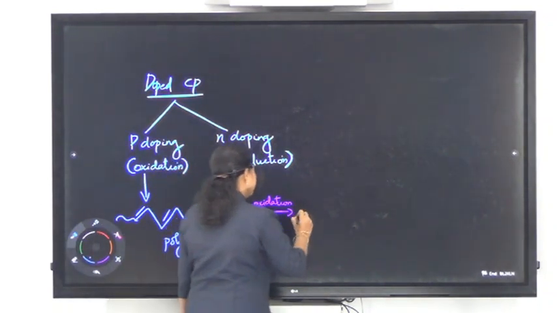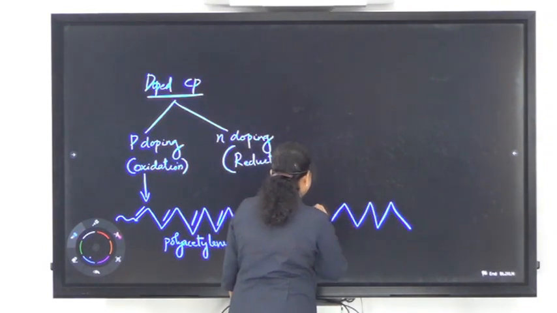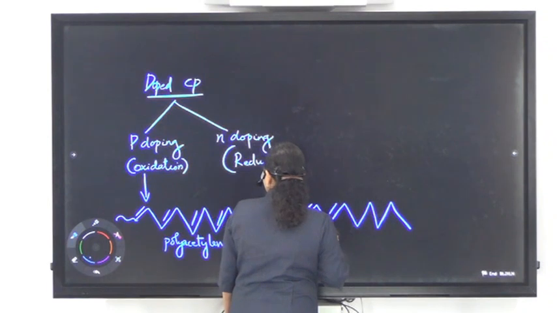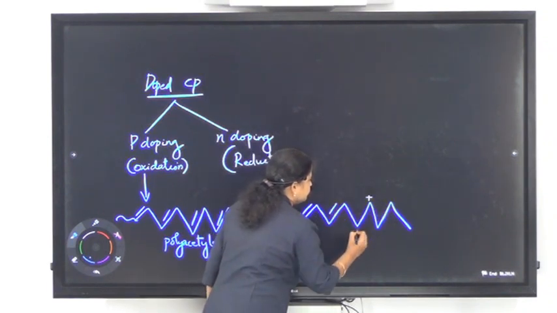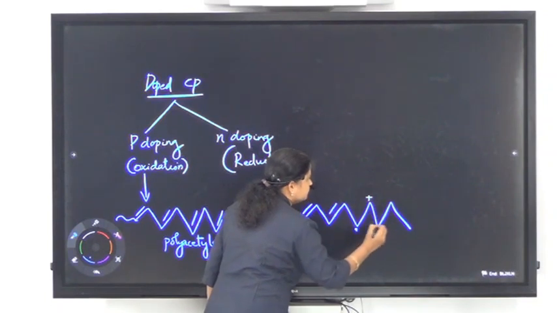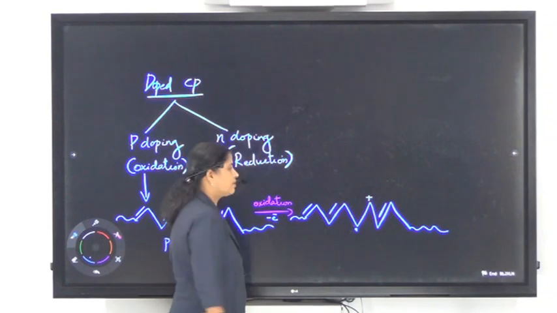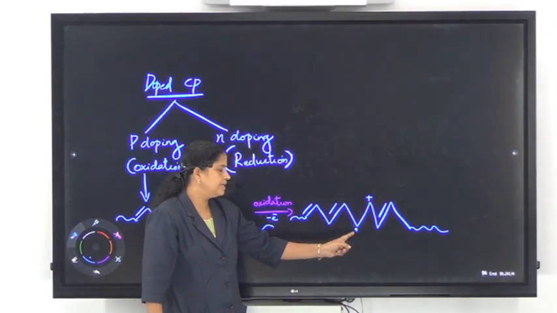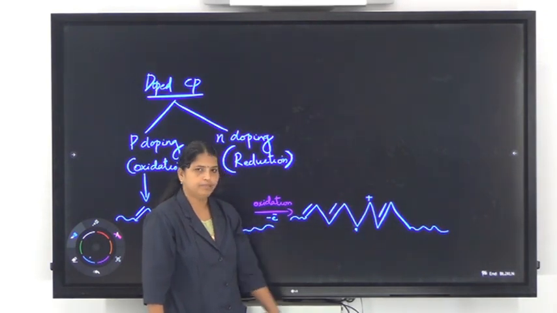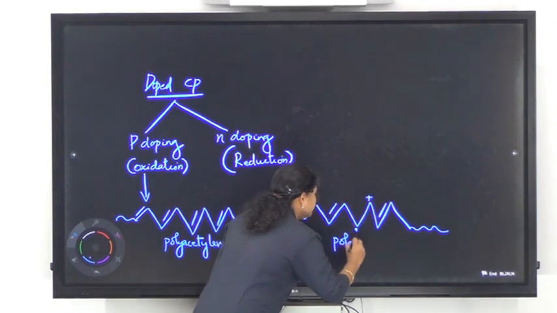So what happens? A positive charge is created on this carbon and a single electron is present in this carbon. So this is termed a polaron.